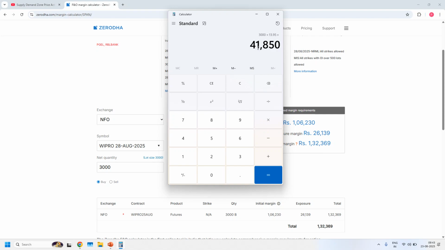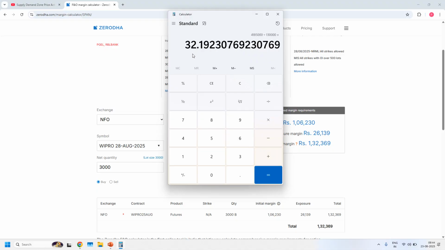So you got 41,850 rupees profit. What is your investment? For 1,32,000 or 1,30,000 rupees, this is the profit you got. For 100, how much? So 100 into 41,850 divided by 1,30,000. Let us assume it could be 1,00,000 could be your investment.